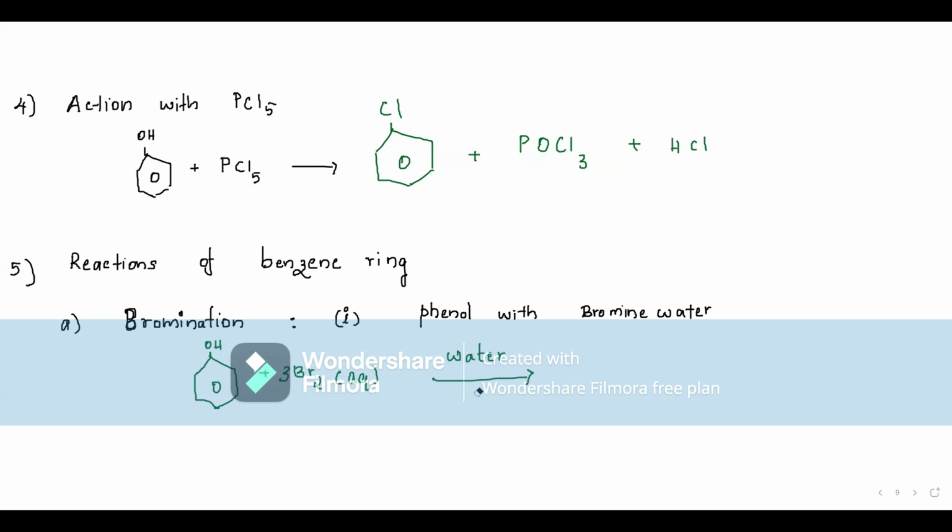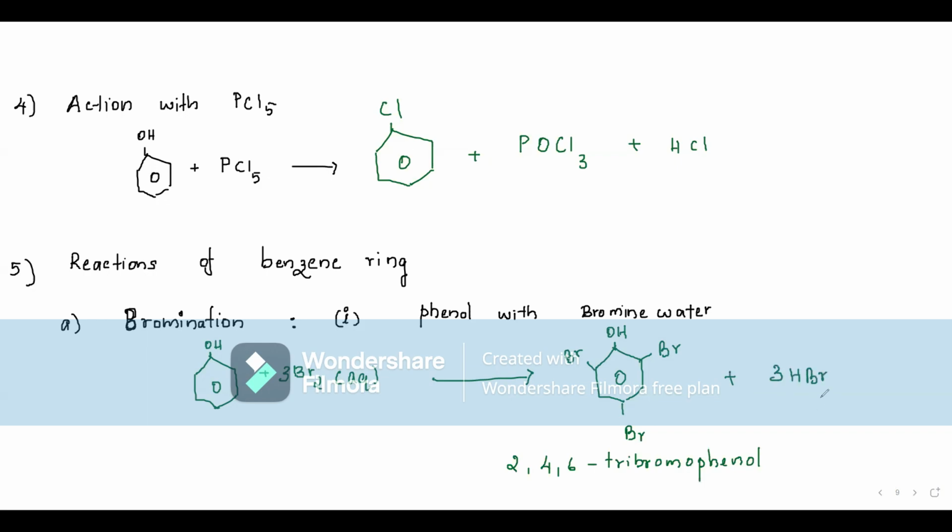When treated with bromine water, phenol gives you tribromophenol. This OH will remain at its position, and bromine goes on the second, fourth, as well as the sixth position. 2,4,6-tribromophenol is the product along with 3HBr.